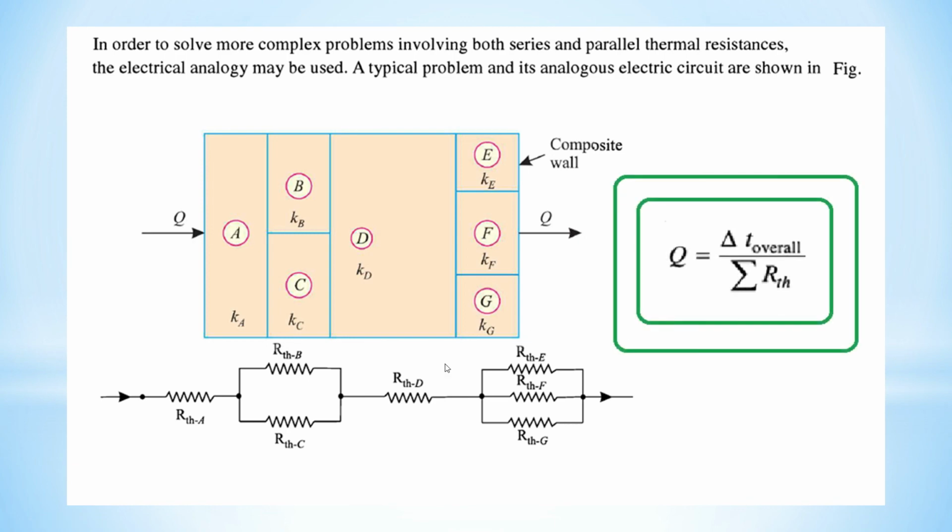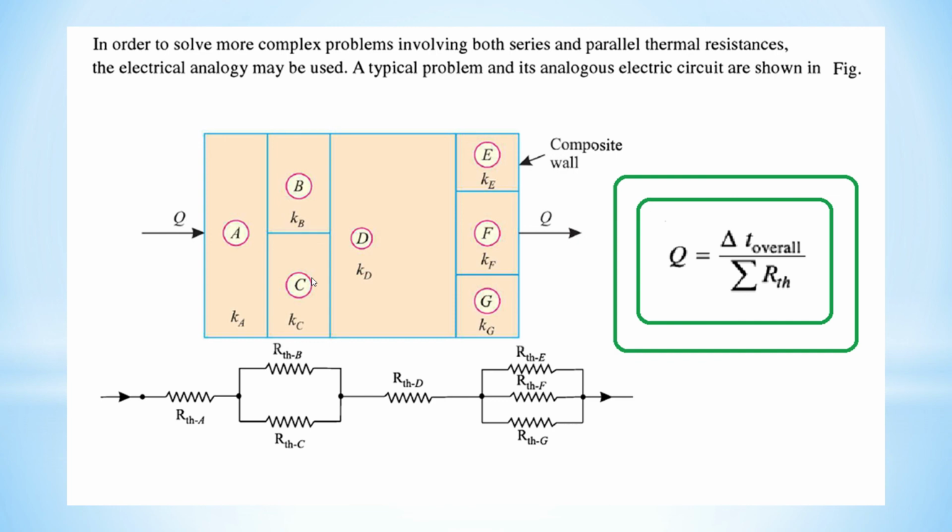Here you can see that wall A, or slab A, is made of the same material with thermal conductivity K, so we can easily find the resistance by the equation L by K. But in the second slab, the wall is divided in two parts. The half portion of the wall is made of one material, and the remaining half portion is made of another material, so its thermal resistance is different.